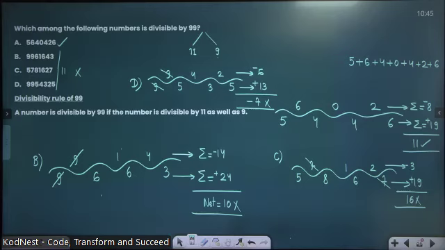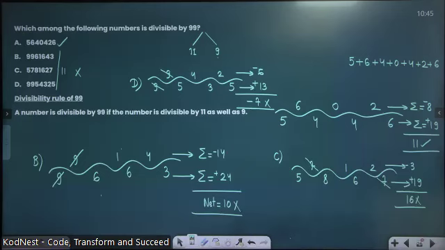It is 99. So we have to check with both. Okay. If B, C, D options are not divisible by 11, then you will not check for 9 now. Only the option which is divisible by 11 will be checked for 9 also.